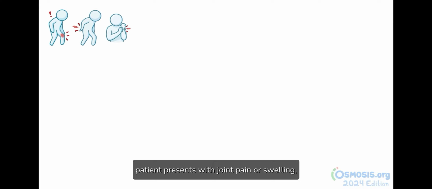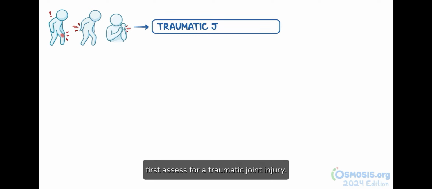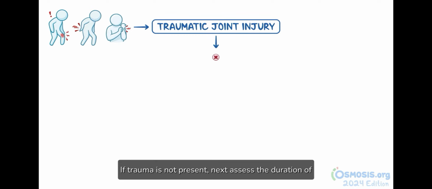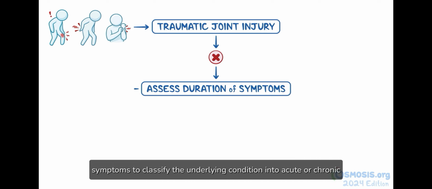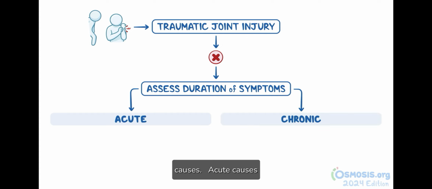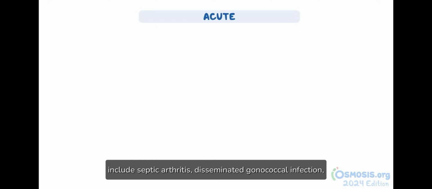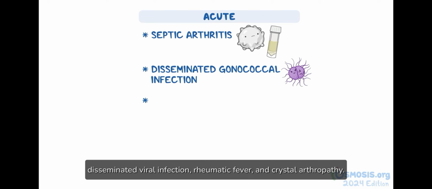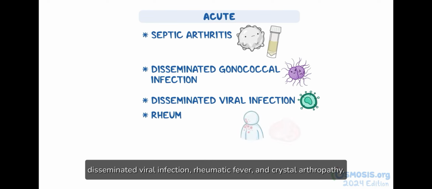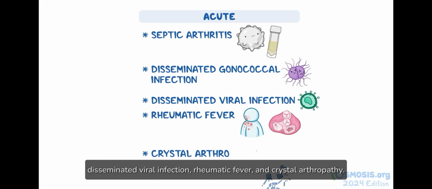All right, as a quick recap, when a patient presents with joint pain or swelling, first assess for a traumatic joint injury. If trauma is not present, next assess the duration of symptoms to classify the underlying condition into acute or chronic causes. Acute causes include septic arthritis, disseminated gonococcal infection, disseminated viral infection, rheumatic fever, and crystal arthropathy.